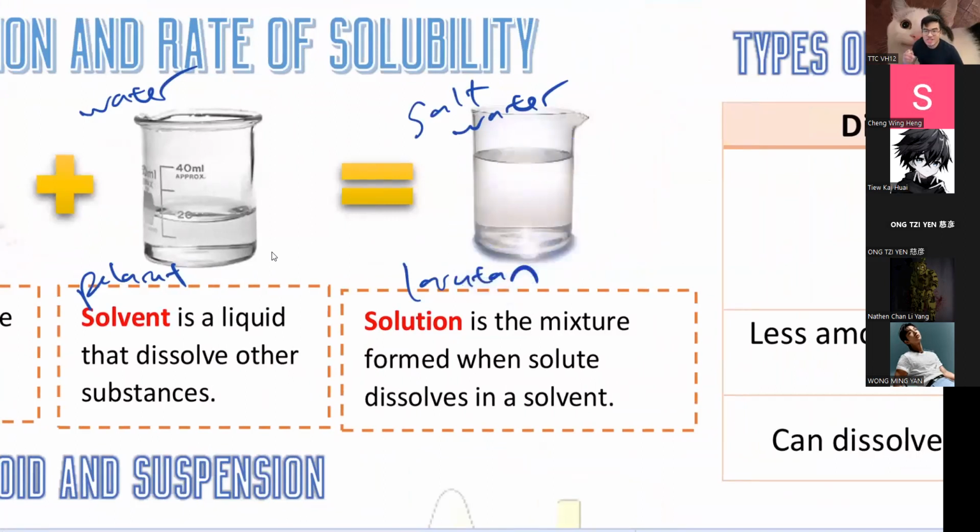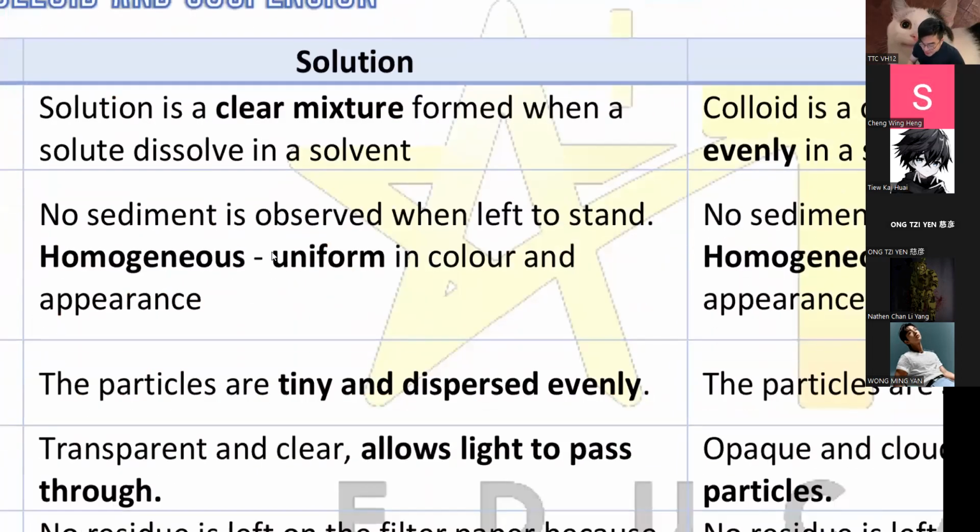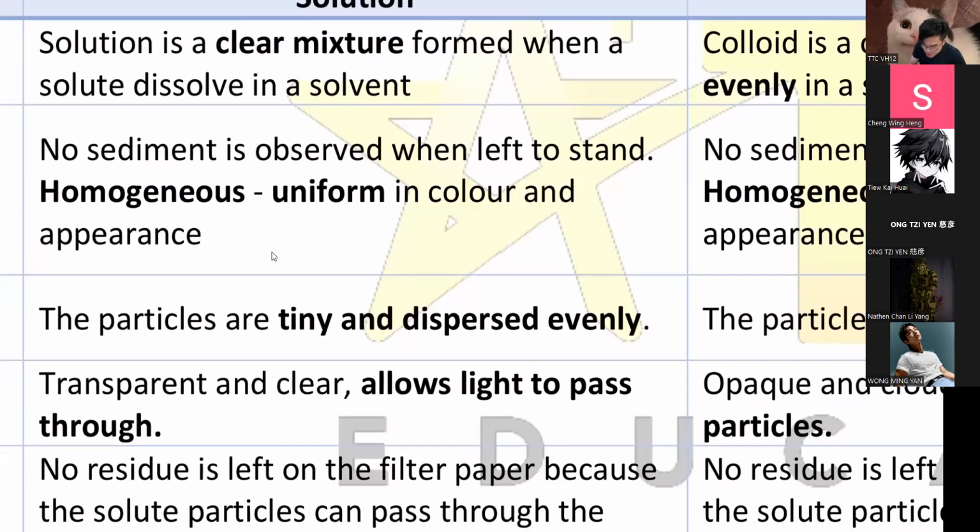It just looks like any cup of water. Normal water and salt water, you wouldn't be able to tell just by looking at it. Theoretically speaking, it should be clear.